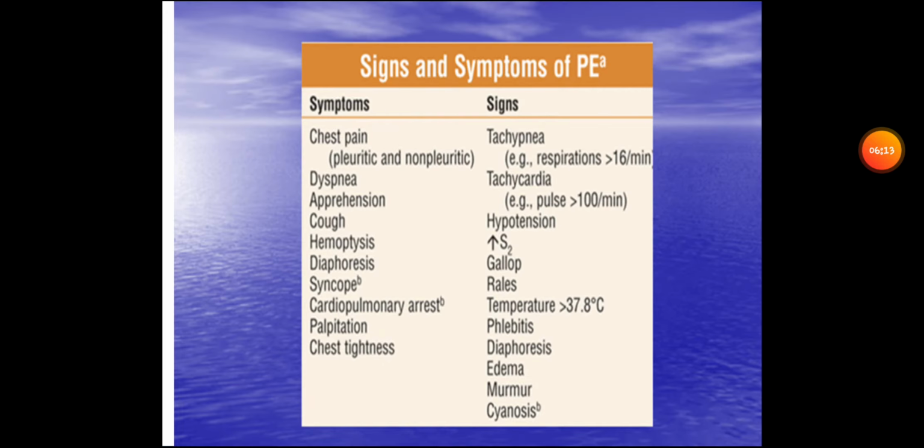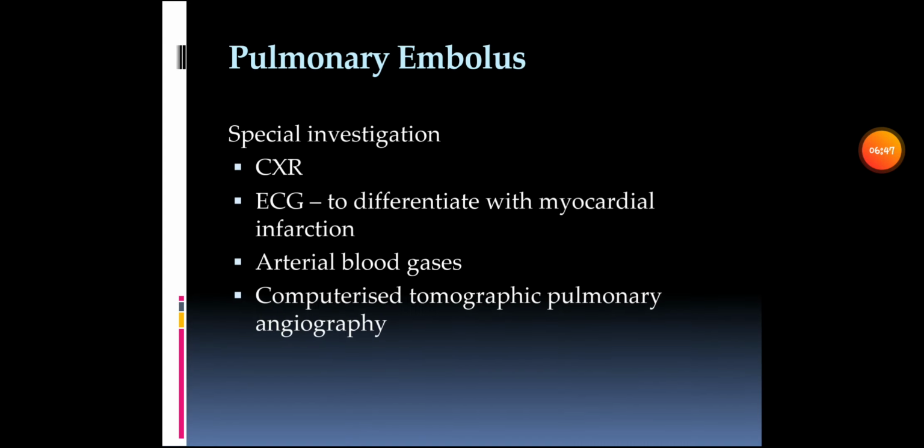Symptoms include chest pain, dyspnea, apprehension, cough, hemoptysis, diaphoresis, syncope, cardiopulmonary arrest, palpitations, chest tightness. Signs include tachypnea, which is respiration above 16 breaths per minute, tachycardia, pulse above 100 beats per minute, hypotension, gallop rhythm, rales, temperature above 37.8 degrees, phlebitis, diaphoresis, edema, murmur, cyanosis.